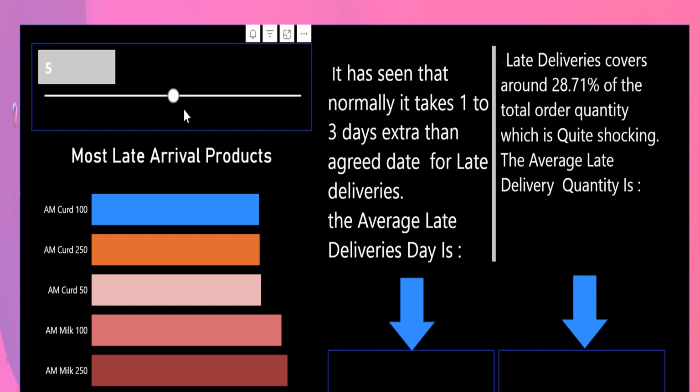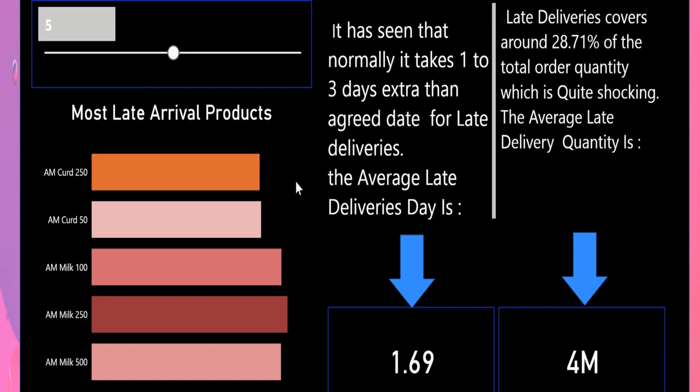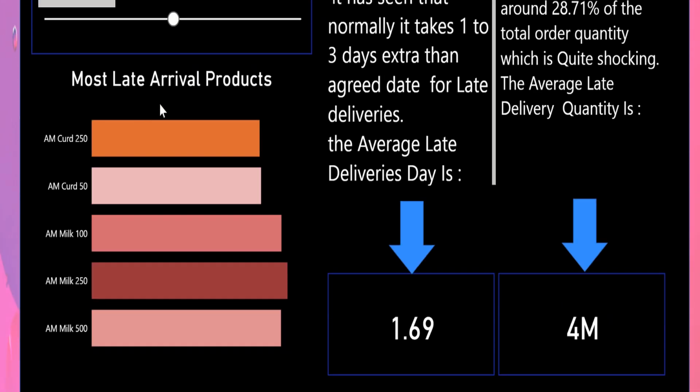So if I just do like this, you can see this AM milk is the highest late arriving product, because you can see the bar is a bit larger than the others.